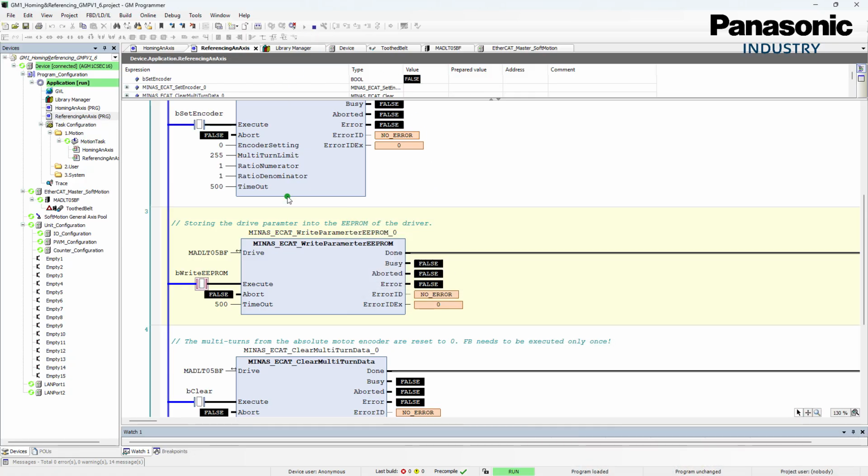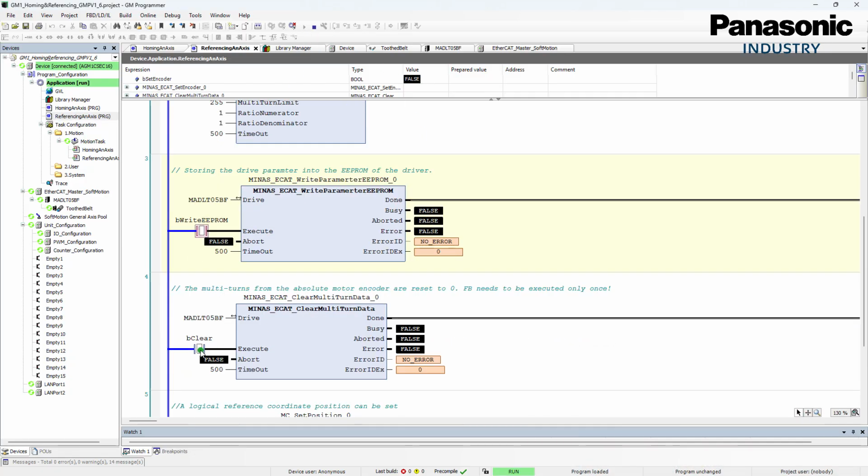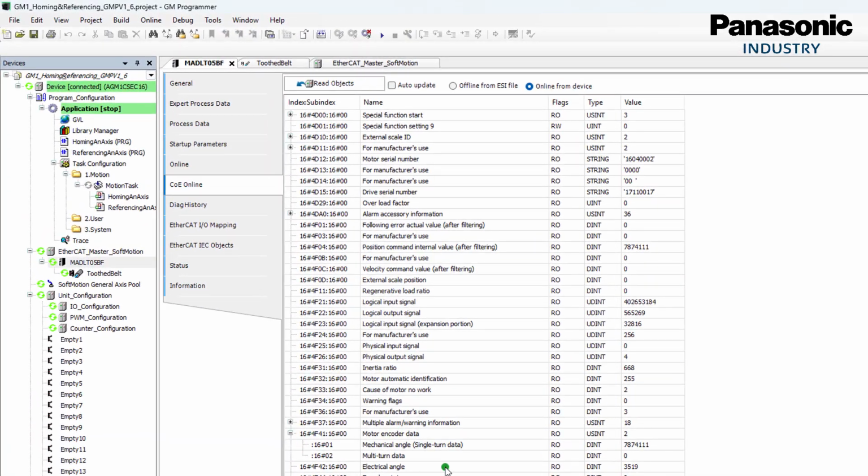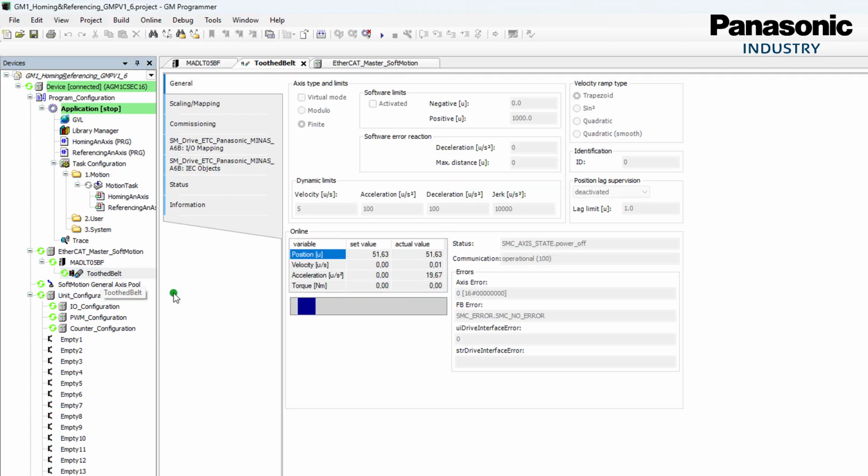Next, we perform a multi-turn clear, resetting the multi-turn counter to 0. This step also requires another power reset of the servo drive. Back in the project, the relationship between mechanical position and logical position is now established. From this point on, no homing sensor and no homing procedure are required.